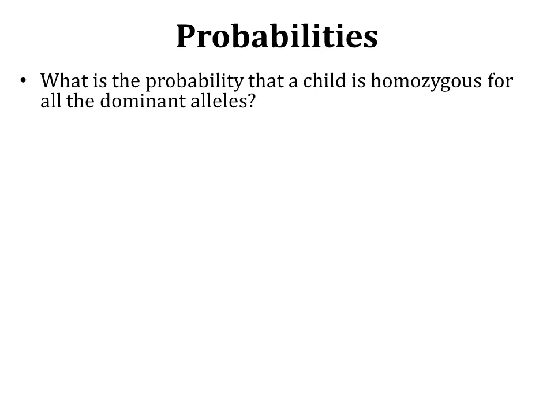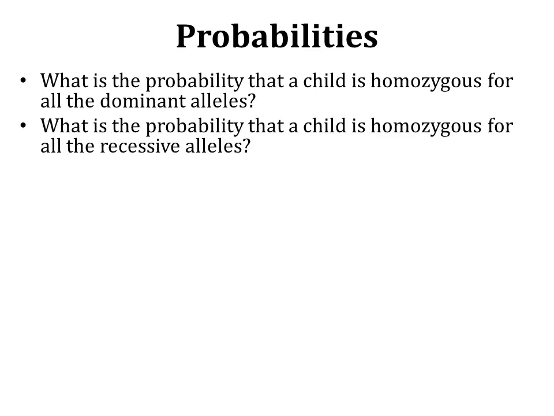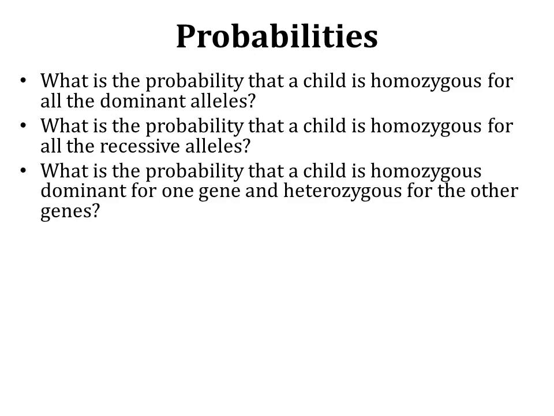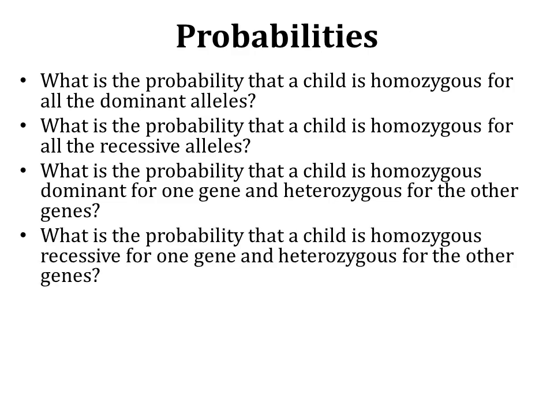So now we have questions. The question is, what is the probability that a child is homozygous for all the dominant alleles? The second question is, what is the probability that a child is homozygous for all the recessive alleles? The third question is, what is the probability that a child is homozygous dominant for one gene and heterozygous for the other genes?